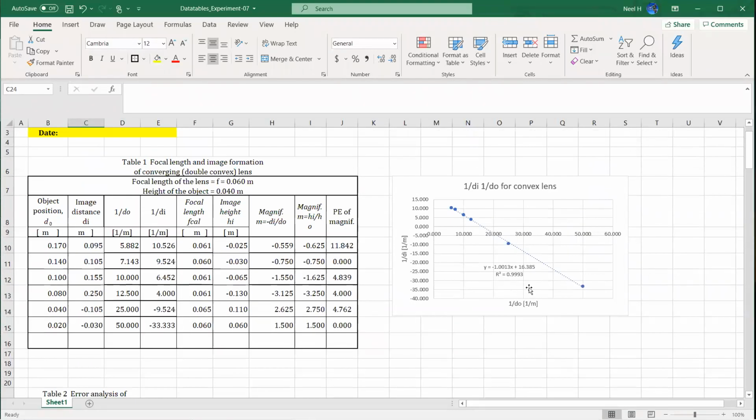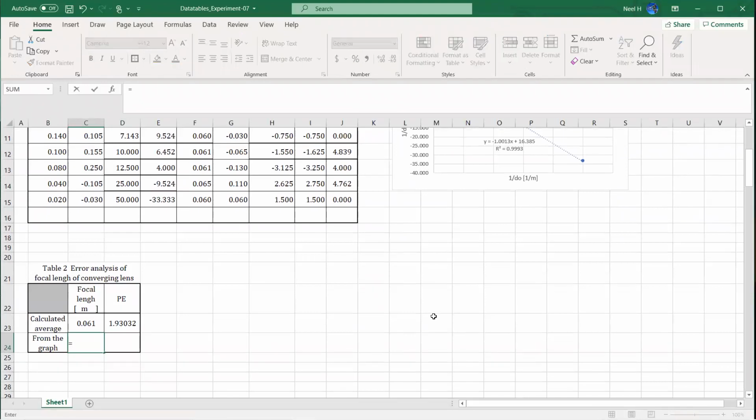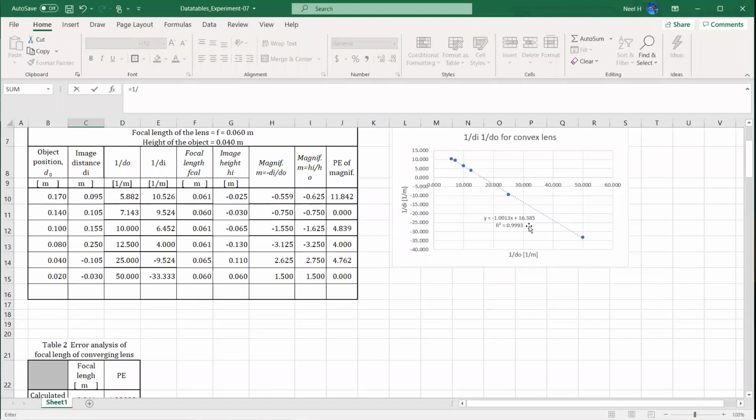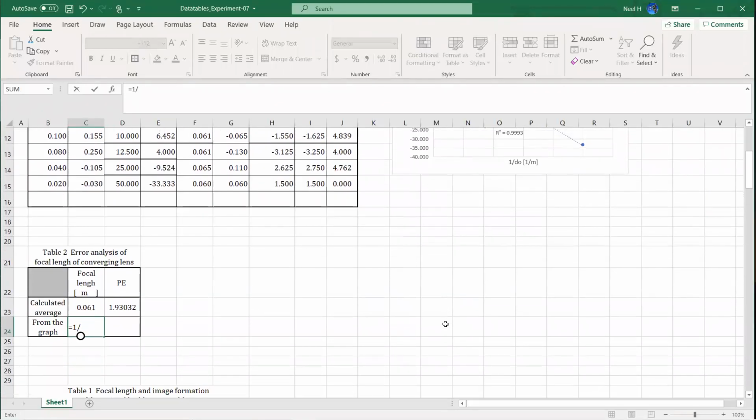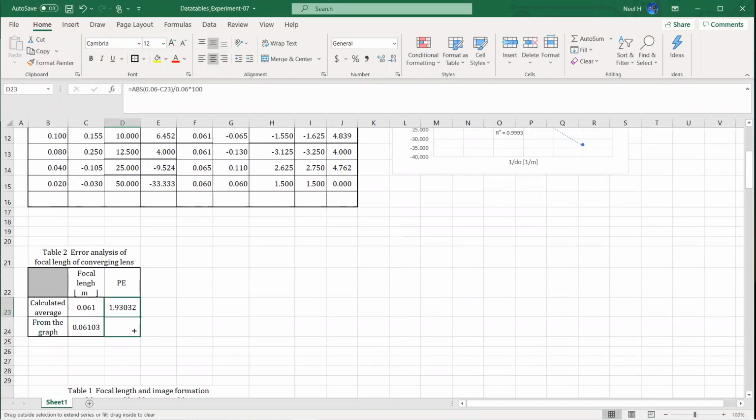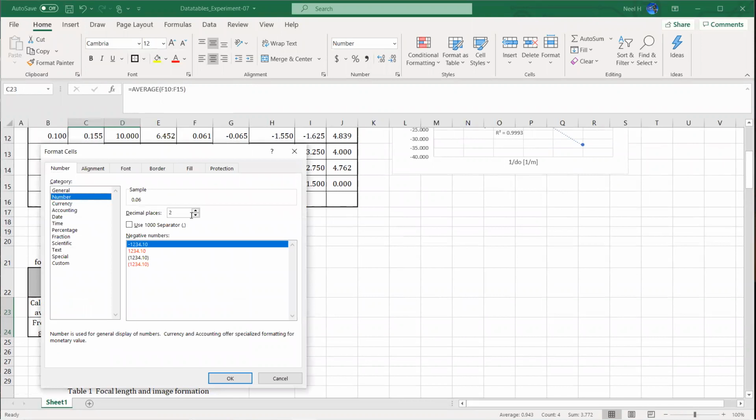From the graph, that should be the inverse of the intercept, equal sign 1 over the intercept of the graph in this equation, 16.385. Then you can drag this. You can reformat all these cells into about 3 decimal places.